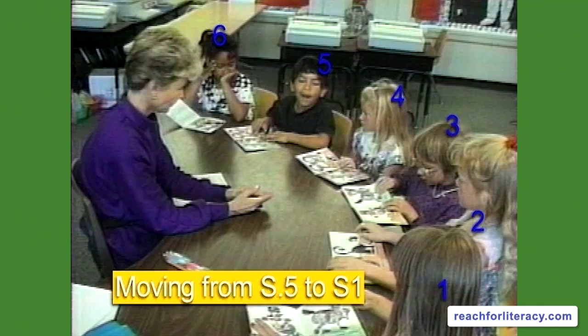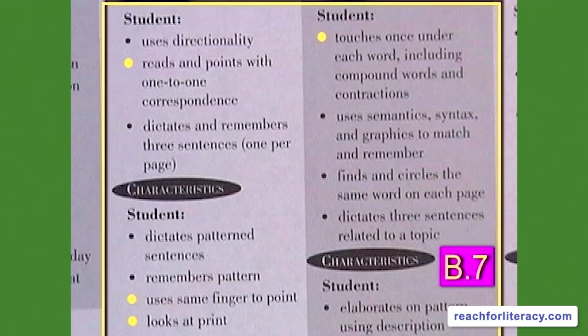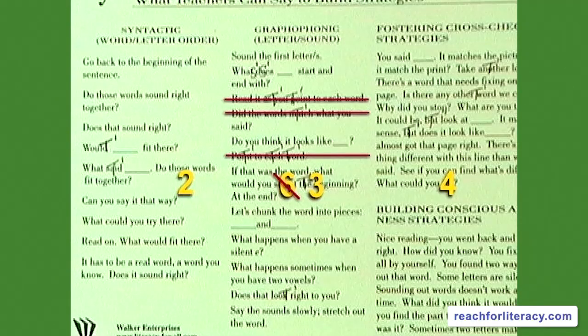All students need to stabilize one-to-one correspondence or matching verbalization with pointer finger on the dominant hand during the teacher-made book phase of development. If these had been stable, only 3 graphophonic questions would have been necessary.